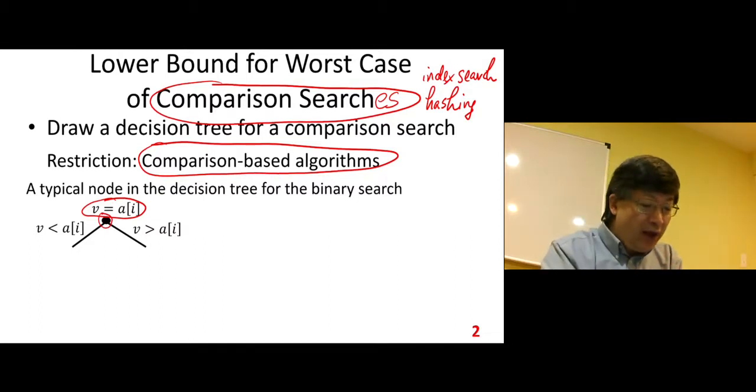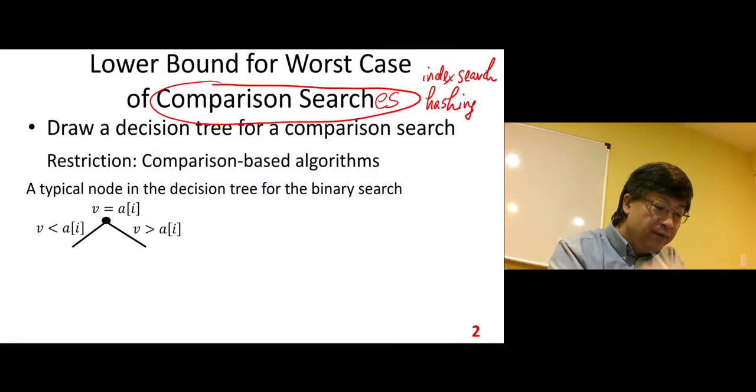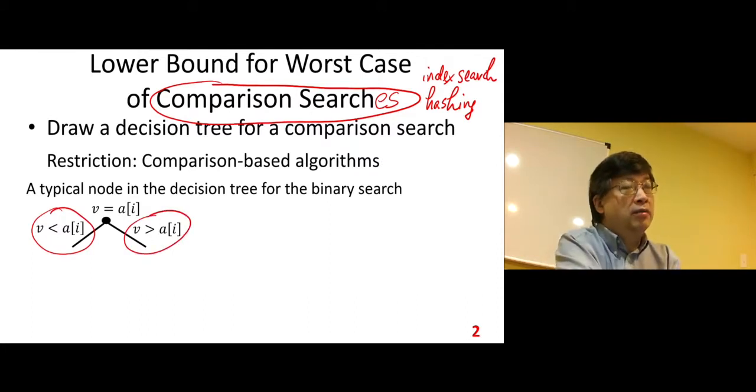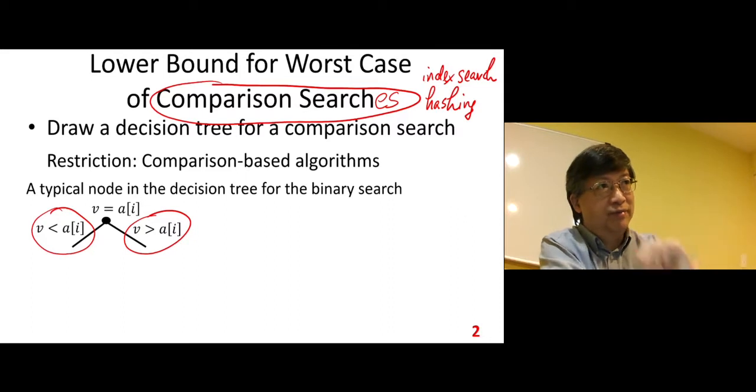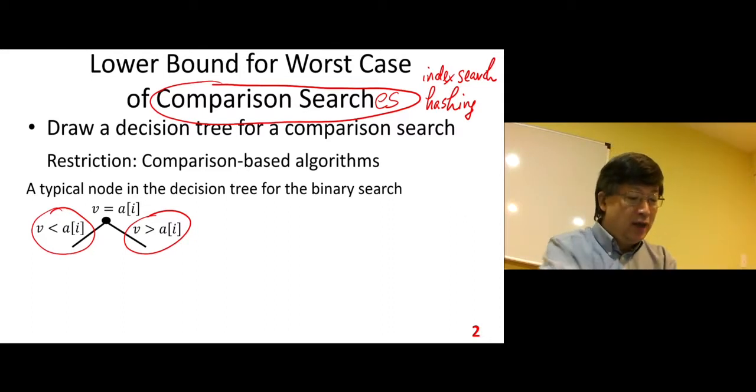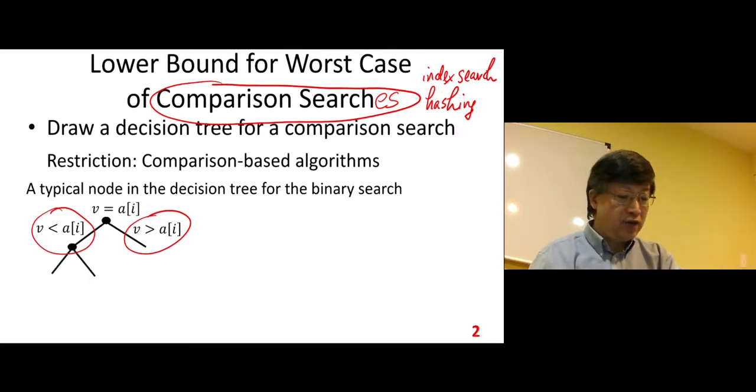Then, other than this node outcome, there are two other unequal outcomes. So that's why we also have two branches from the node. So it's still a full binary tree. Okay? So that's the basic structure of the decision tree of comparison search.